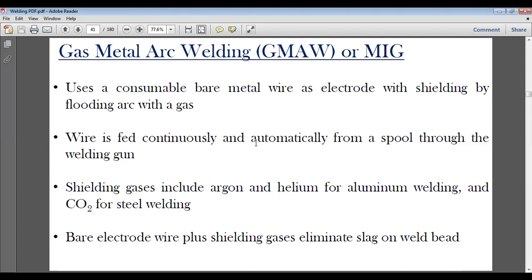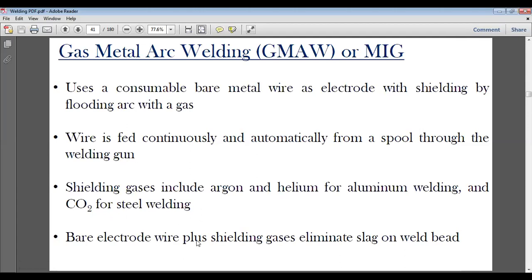So steel welding uses a highly oxygen-reducing gas, whereas helium and argon are inert gases and they don't have any interaction with the molten metal. But in case of CO2, it basically takes the oxygen also. It combines with the oxygen and takes the oxygen, if any, from the weld pool, and includes the whole weld pool.